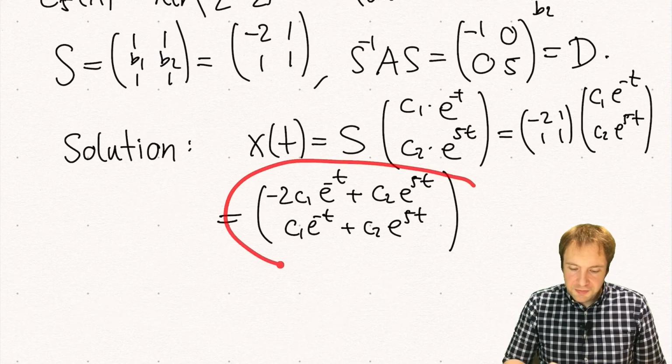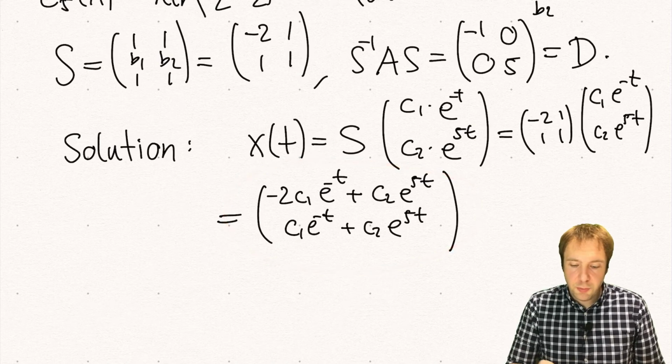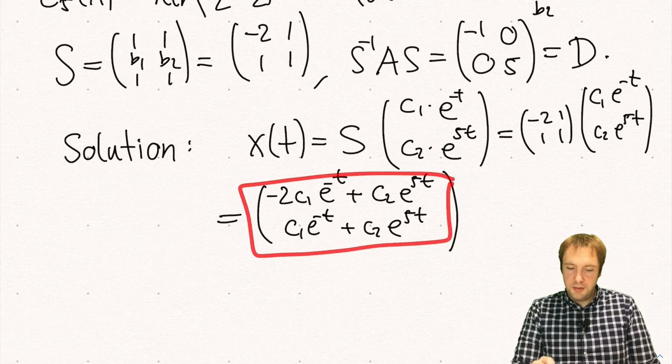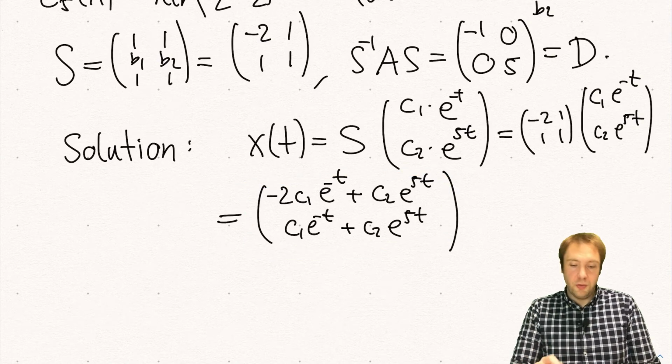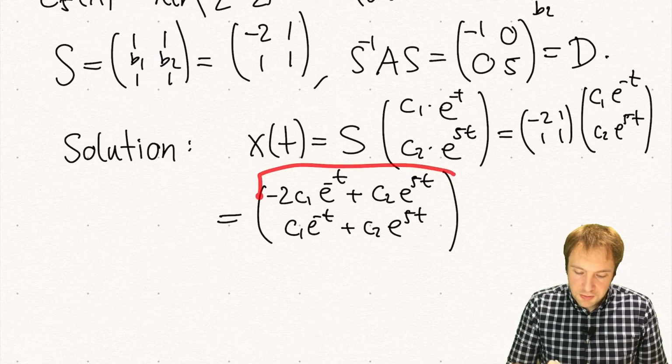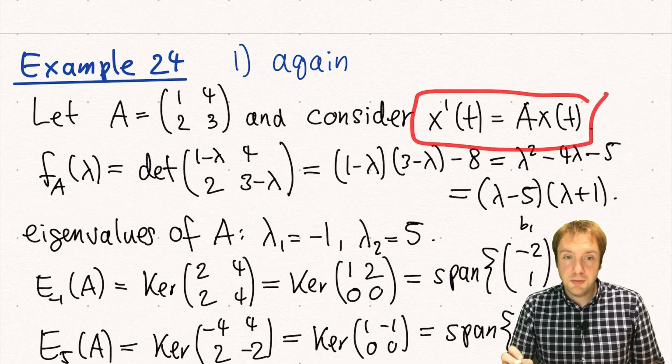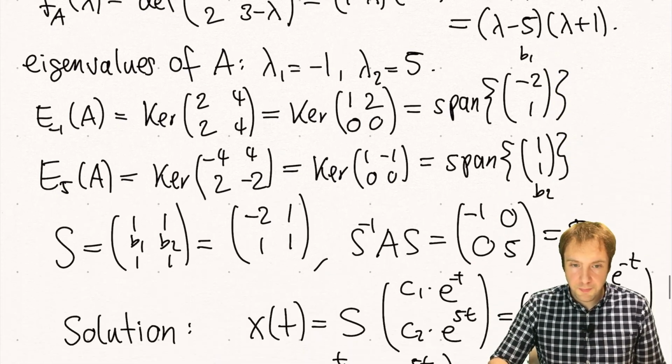And this is the final solution. So for any c1 and c2, this function, or this curve, however you want to view it, is a solution to this dynamical system.